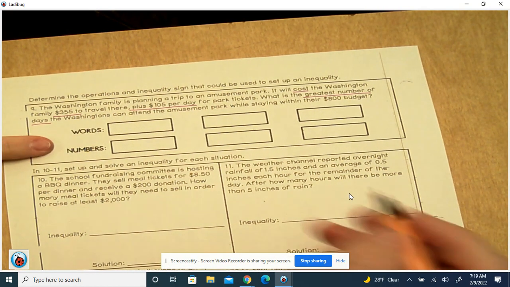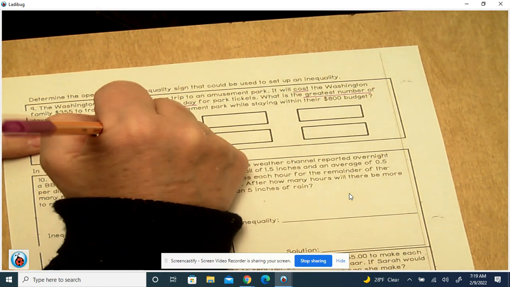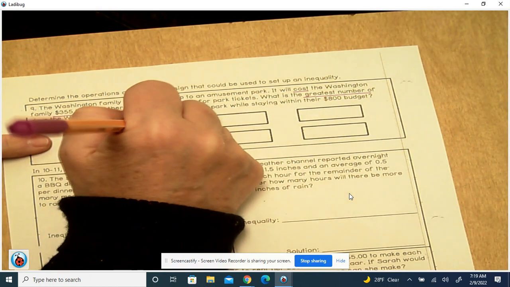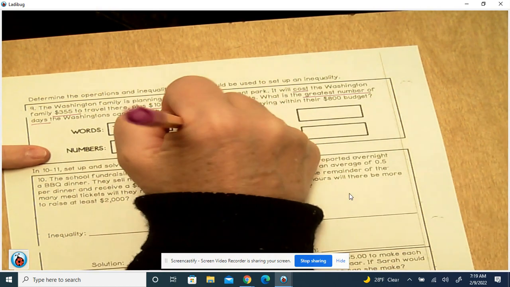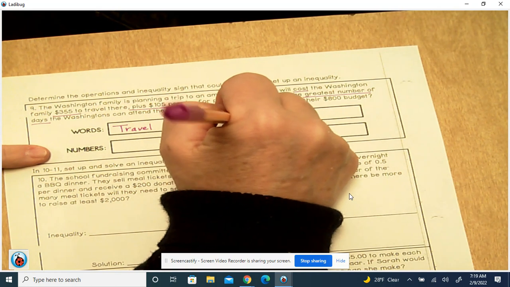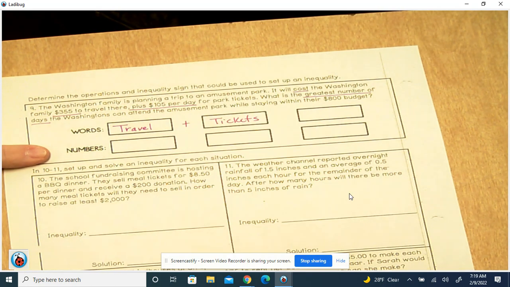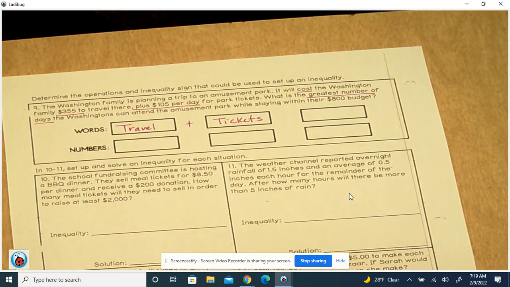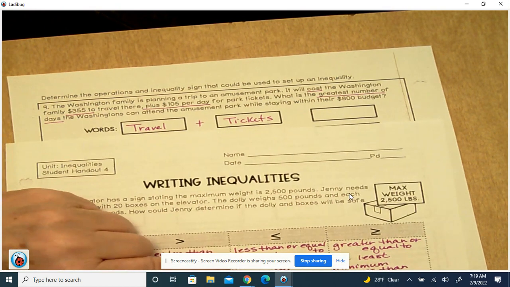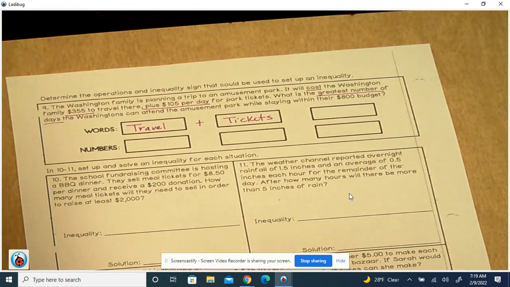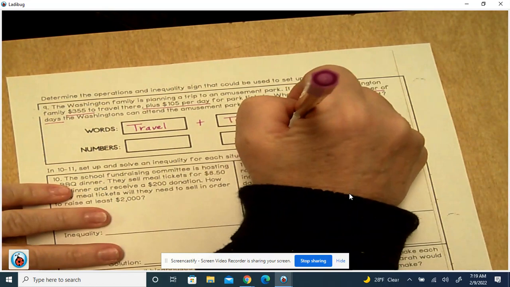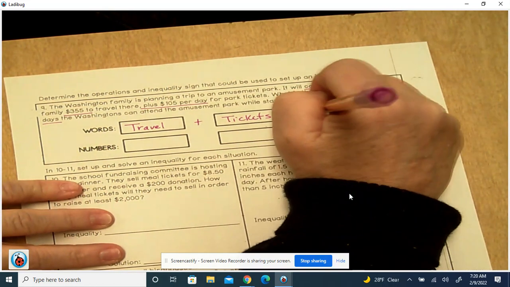So in words, we've got what it costs them to travel, plus the cost of the tickets. And they can spend the greatest number. So that would be at most, right? The greatest number is at most. So it's going to be less than or equal to, and then that's their budget.